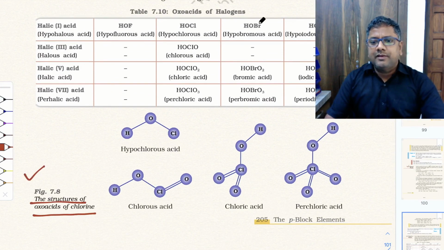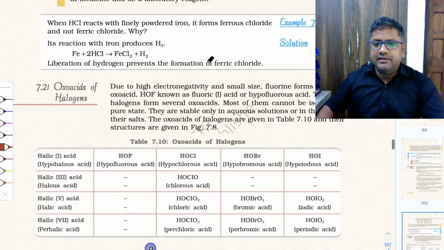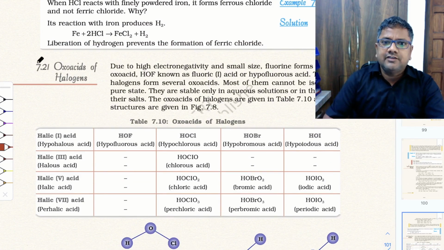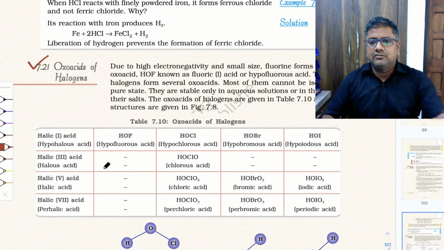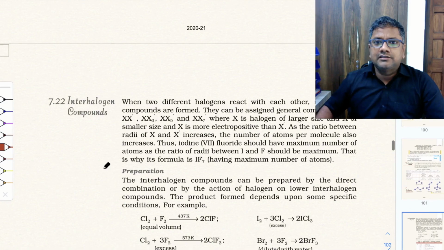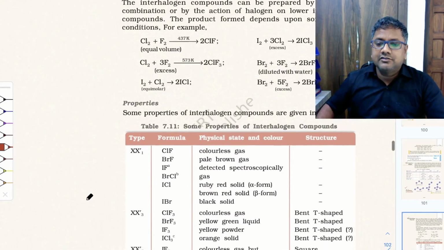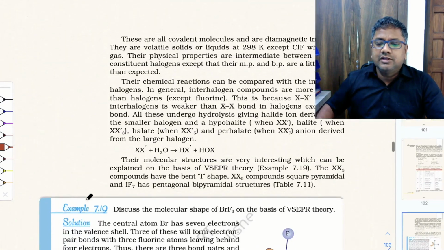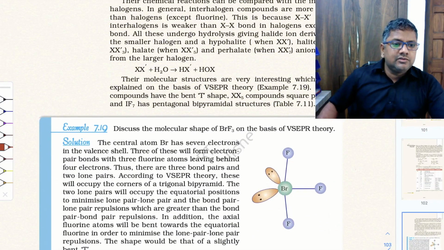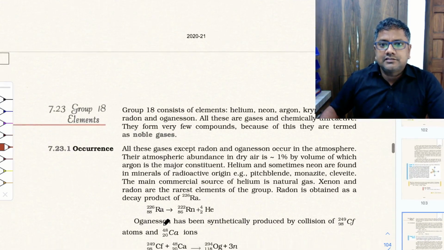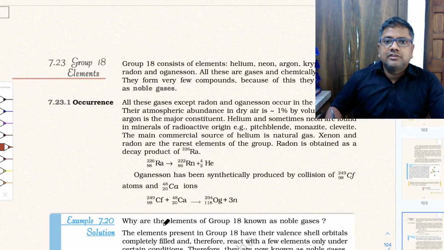So you can prepare this table, and these structures, that's it for the oxyacids of halogens. No need to do all other things. Now interhalogen compounds, this is very much in your syllabus. So interhalogen compounds, and yes, that's it. Now come to the group 18.